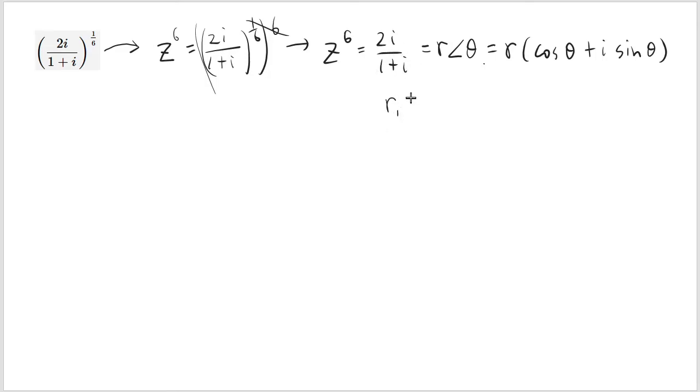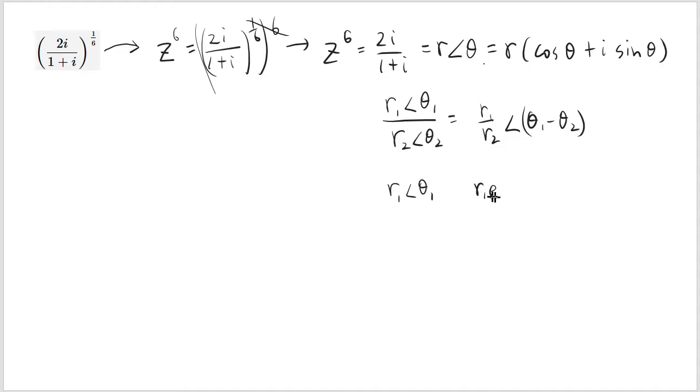If you have both top and bottom in polar form, you can easily do the division: you divide the magnitudes, but the angles subtract. This is true because of the Euler identity. r1 angle theta 1 is r1 e to the i theta 1, and r2 angle theta 2 is r2 e to the i theta 2.